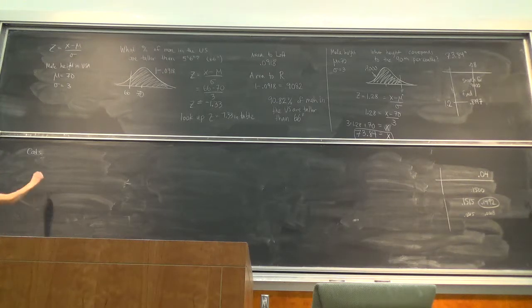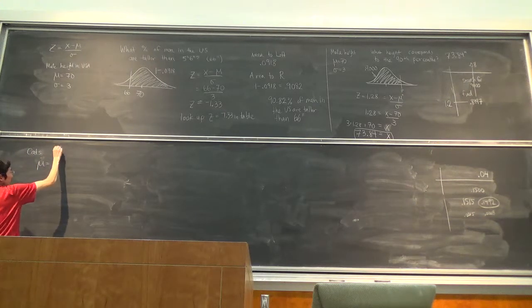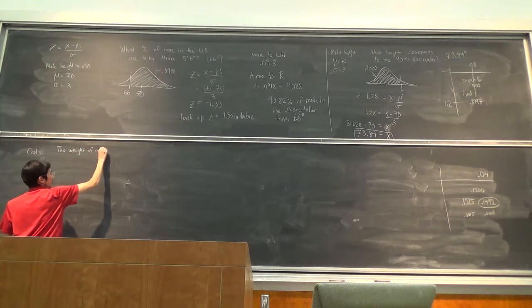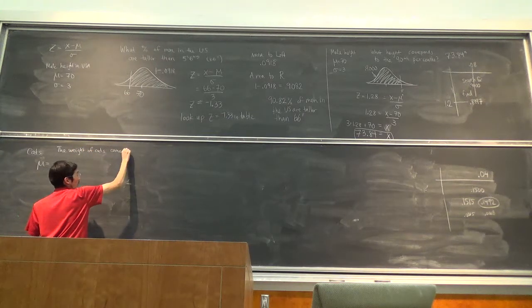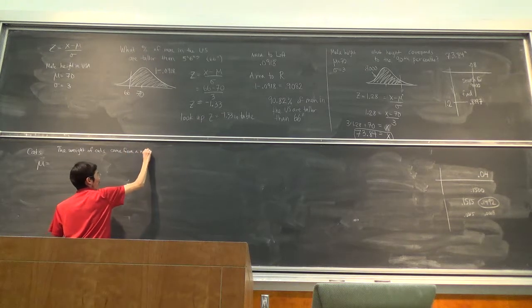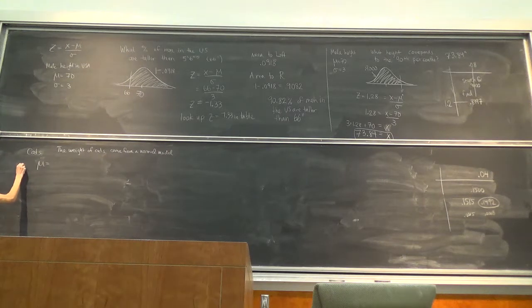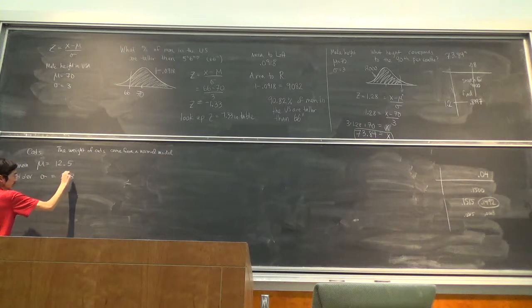Alright, I'm going to make up numbers here, okay? Cats. We'll say the weight of cats come from a normal model. Okay, the mean, mu, I'm going to say is 12 and a half pounds, and the standard deviation, sigma, is equal to 2.8 pounds.